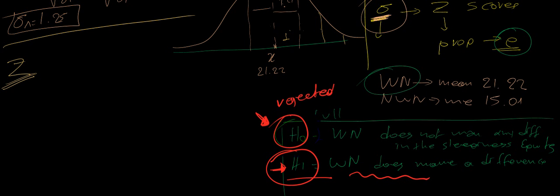Okay, so I want you to remember that this is the one mean score, and this is the other. And I want you to remember that my standard deviation for the whole population is 1.25. So this is what I'm going to use now to find the Z-score. It's a formula, specific formula.